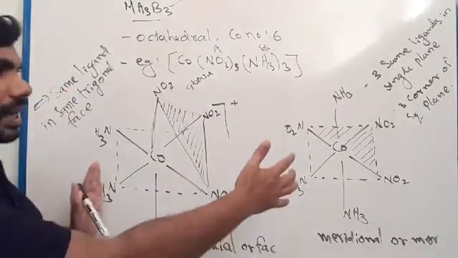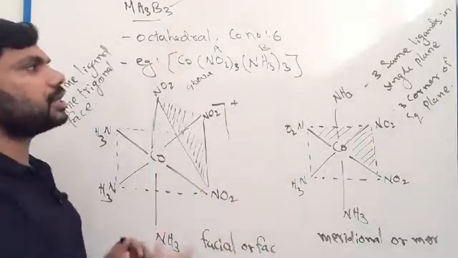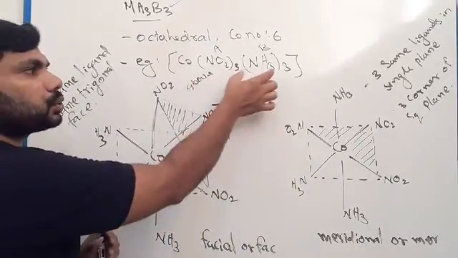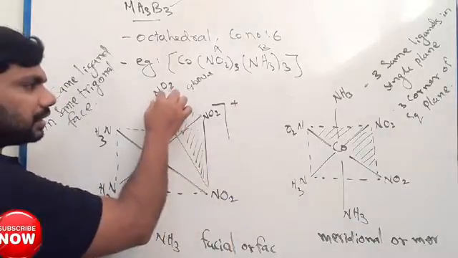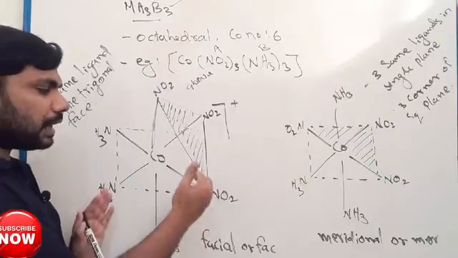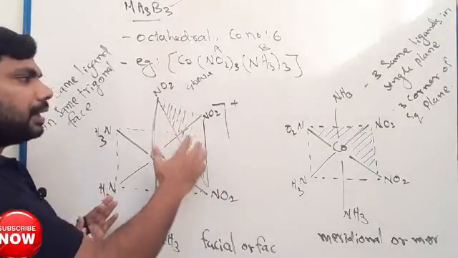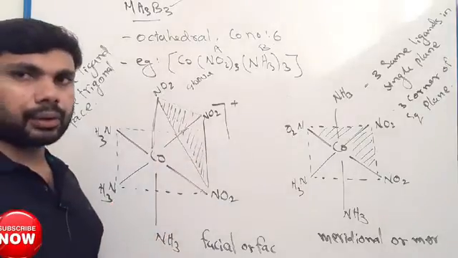So look here, these are the structural arrangements of this isomer. 3 NO2 and 3 NH3. This is the first one. And see here, this is one single triangle, and same type of ligands are coming on each face of the single triangle, NO2 on each face.